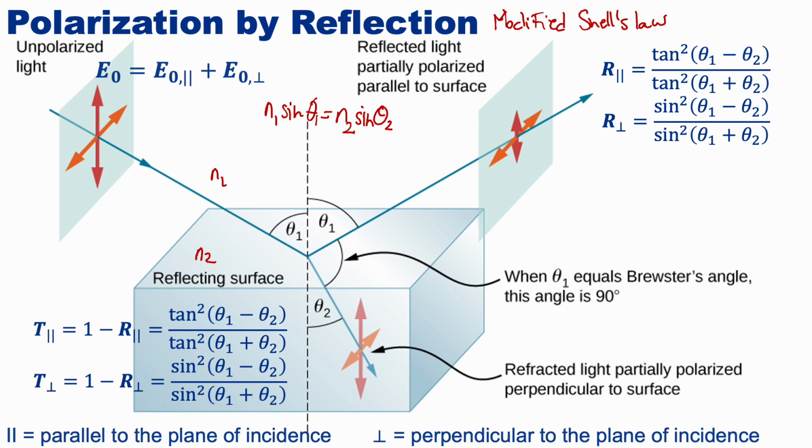So in general, the amount of light is going to change based on their orientation, if it's parallel or perpendicular, and it's going to depend on the incident angle. But in general, the amount of light that is reflected and transmitted must obey the principle of conservation of energy, so the sum needs to be equal to 1, but how much goes to each depends on your incident angle and the refractive index.